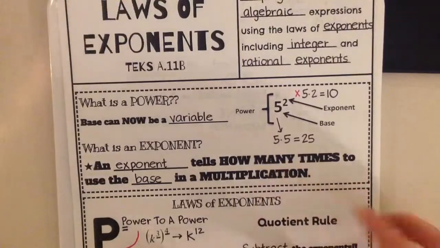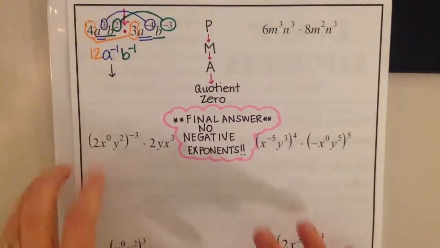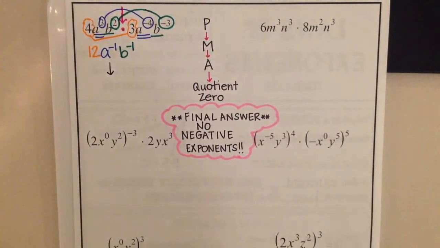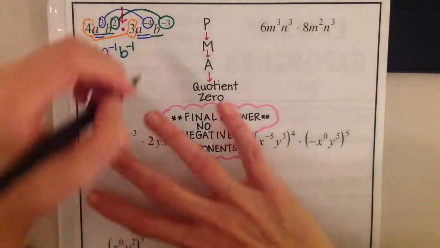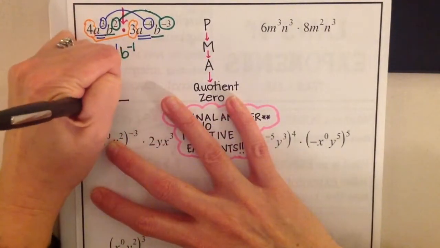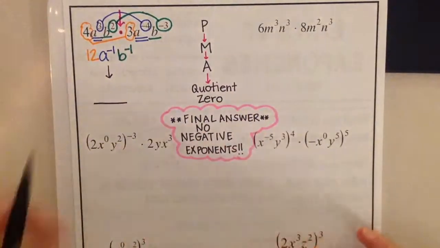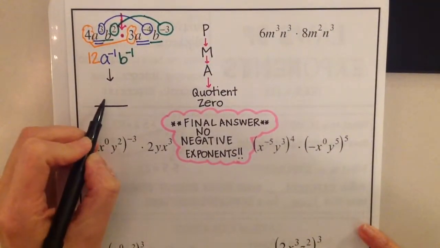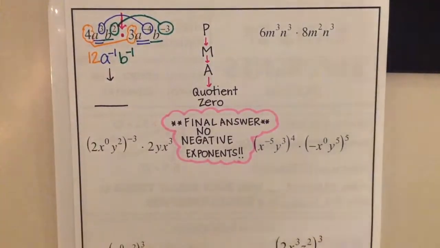It would be division. So here's what we're going to do. We are now going to show any base that has a negative exponent with division. And what symbol do we use to show division? We show division now with our fraction bar. So now I have to decide, is the A going to be in the numerator or the denominator of division? So you've got to think back to your solving equation skills.